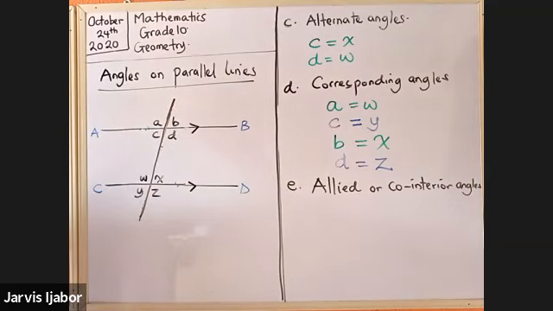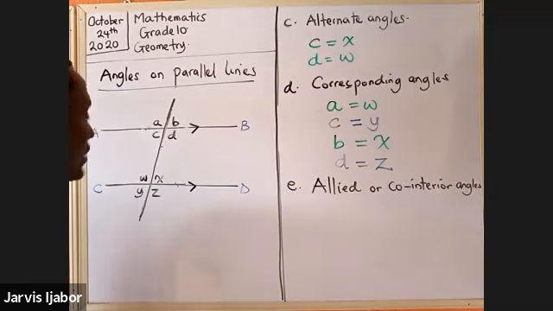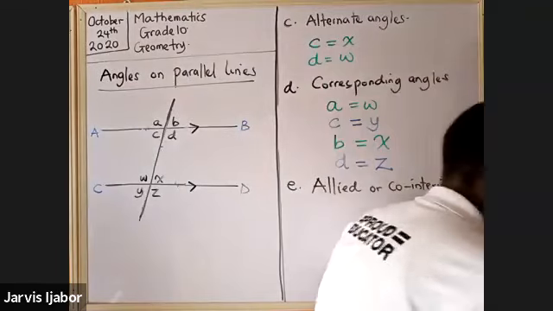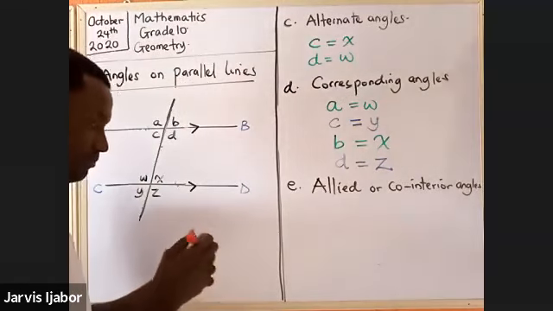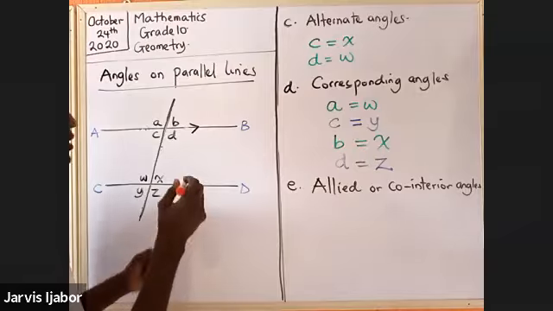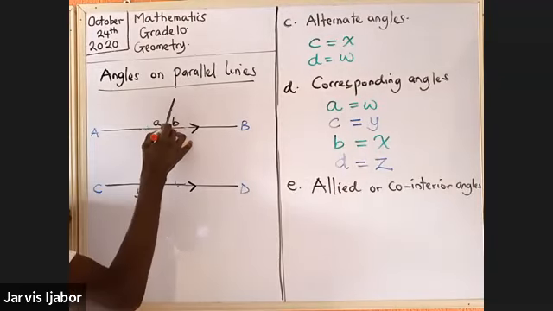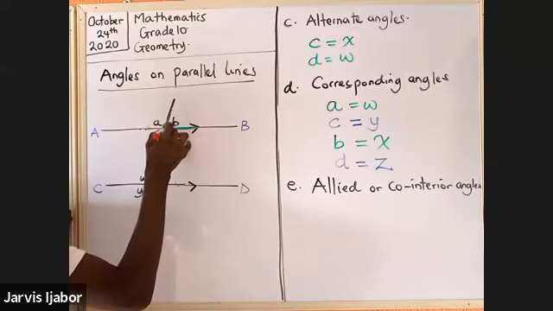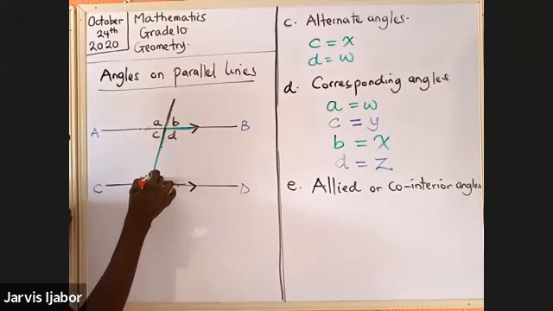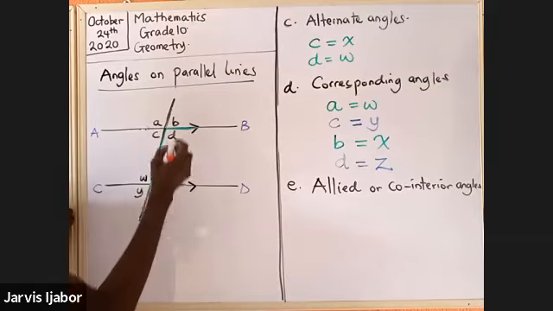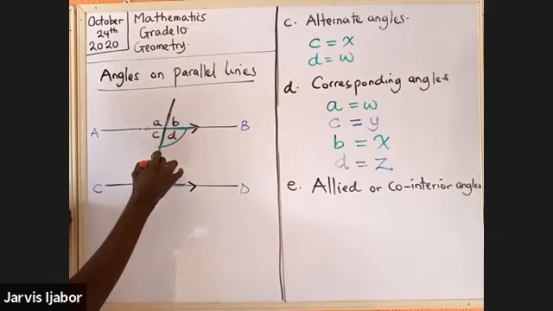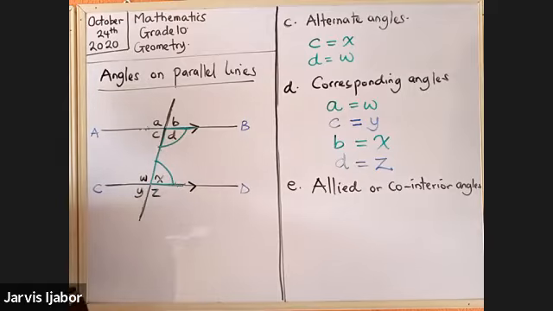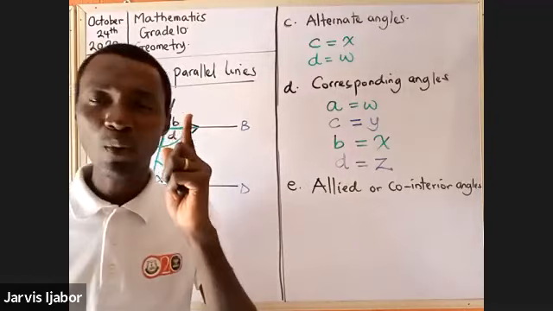Okay, so see how the allied and co-interior angles work. Now, please watch. Look at this. These two angles here are said to be allied or co-interior. So there must be rule number one.